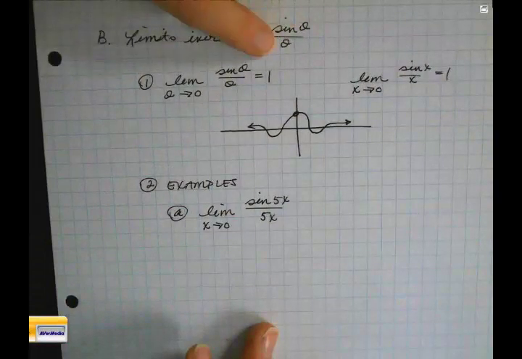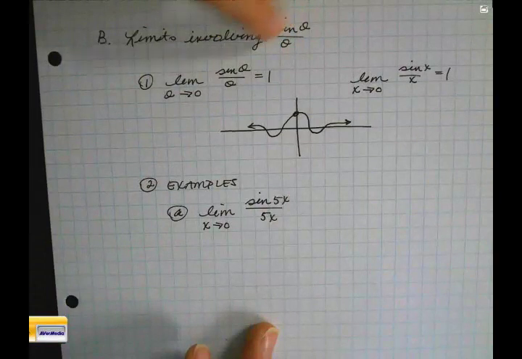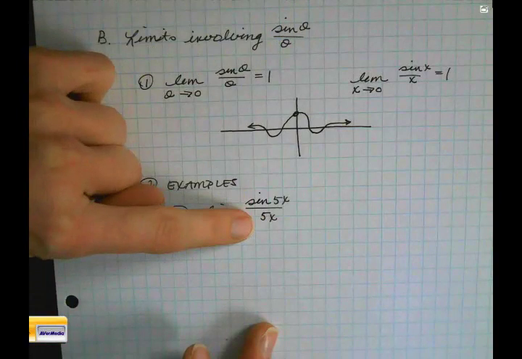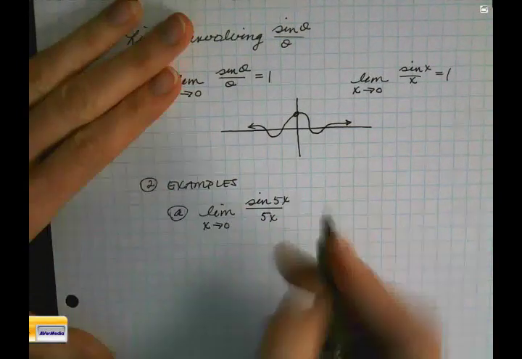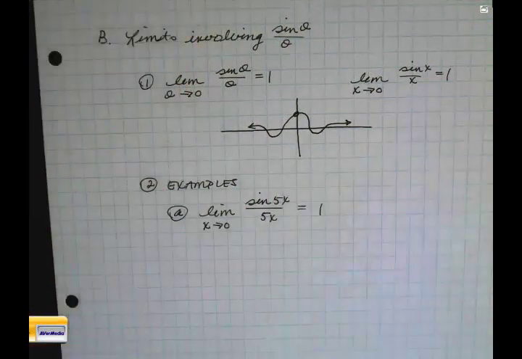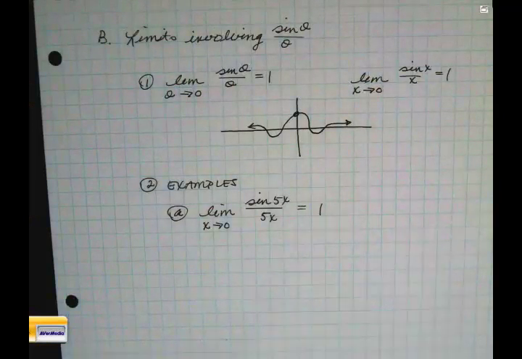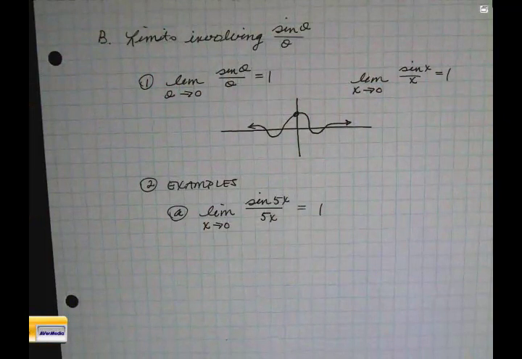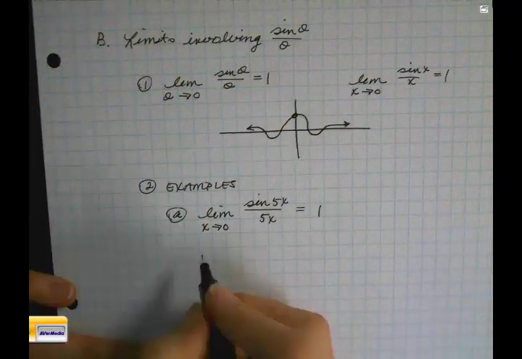It must be sine theta over theta. So the argument of the function must be the same as the denominator. So long as the argument of the trig function and the denominator are the same, this will equal 1.